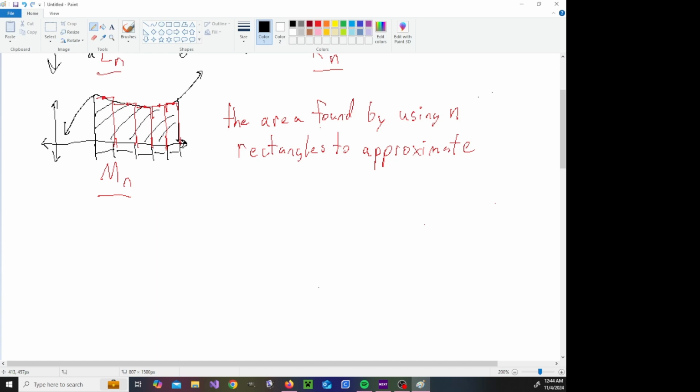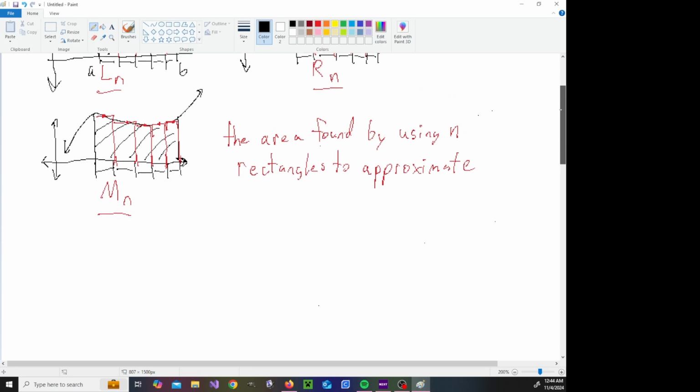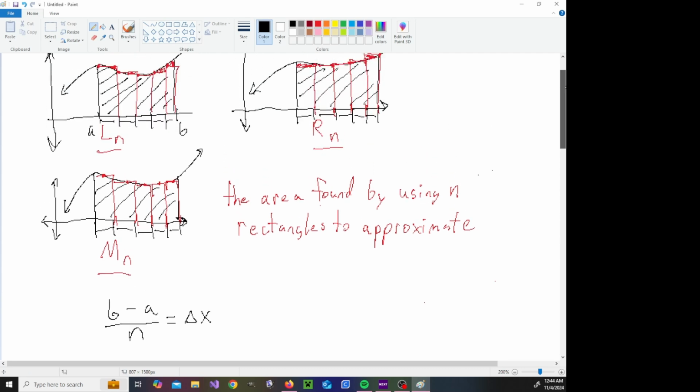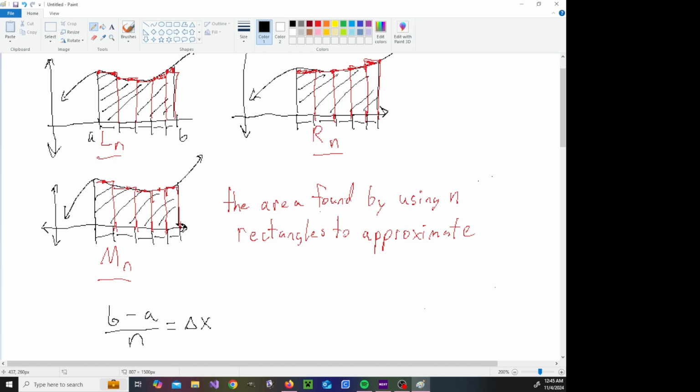Well, again, if I start at A and I go to B, then the length from A to B is B minus A, and then we're going to break that into n many rectangles, so we divide by n. Now we actually call this delta x. Why? Because that's the width of each of these rectangles. So how much do I move forward between each x value?